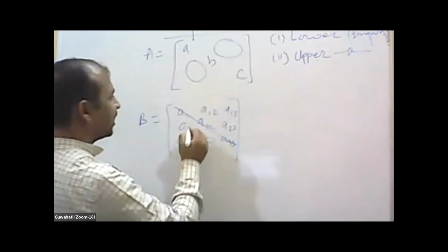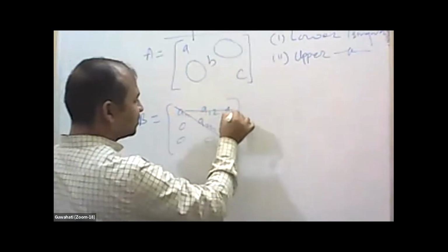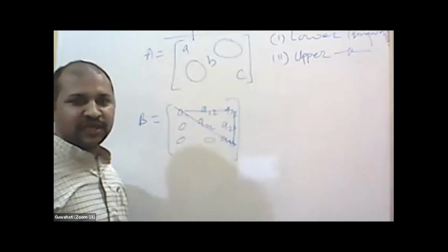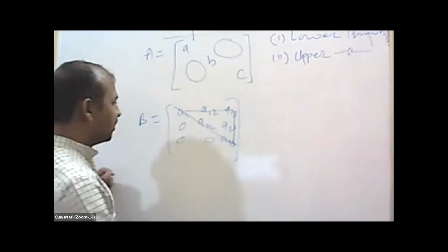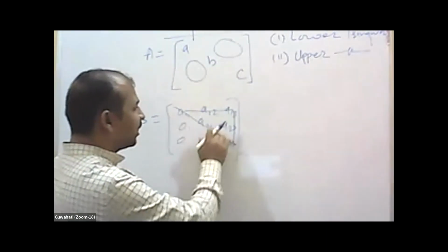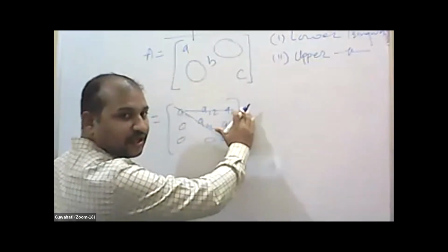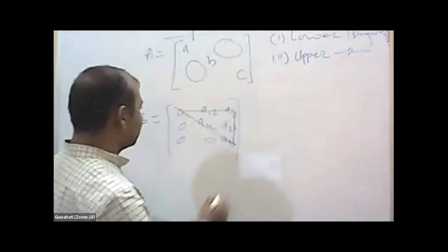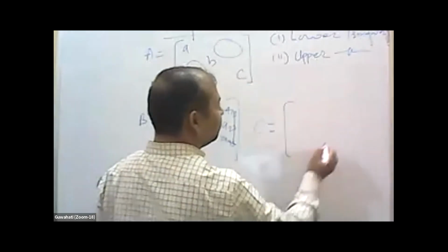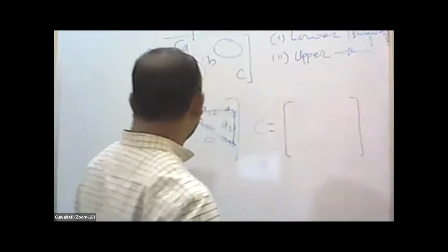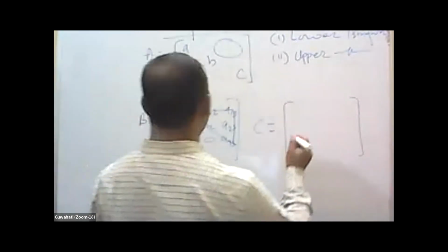Why do we call it triangular? If you can see, this part forms a triangle. So if above the diagonal all elements are non-zero, then it is upper triangular. And if below the diagonal they are non-zero, then it is called lower triangular.